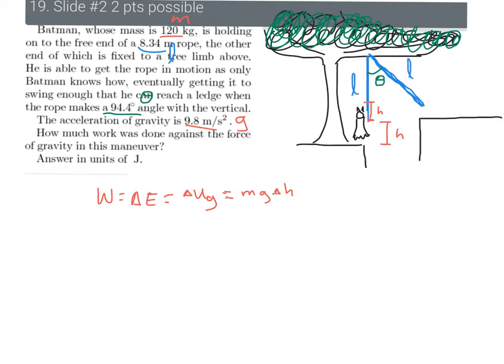And the way we're going to find this change in height is we're going to use the length of the rope, and we're going to use this, because if we do a dashed line across here, then we can see that this vertical piece, if I can subtract that vertical piece from the length of the rope, that will give me the delta H, the difference in height.